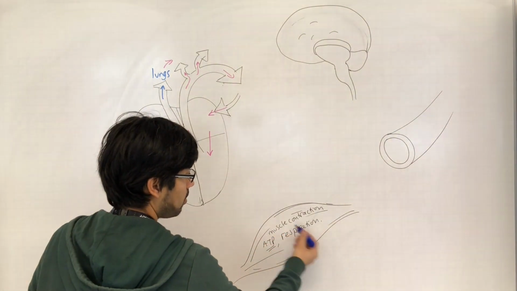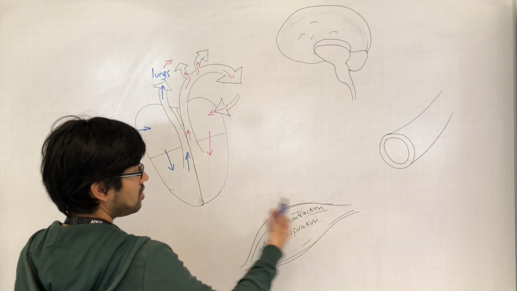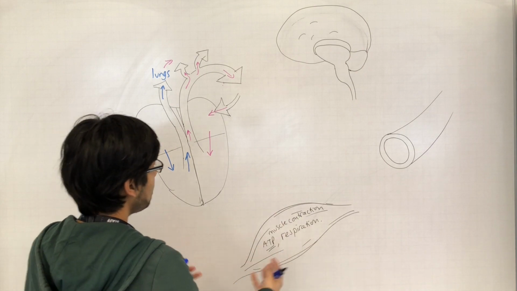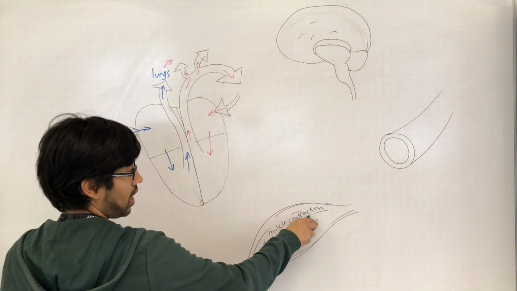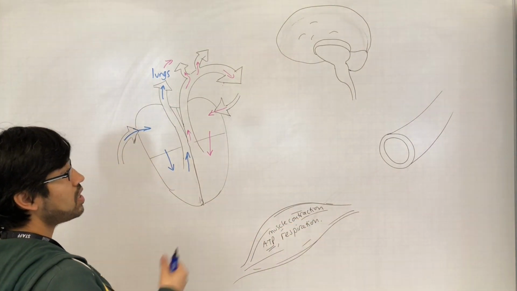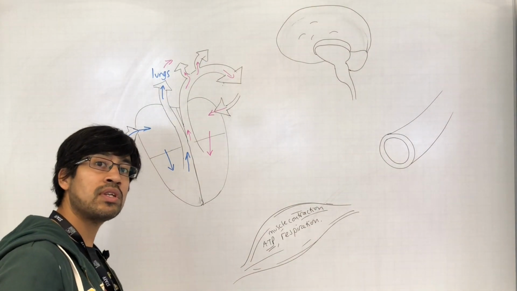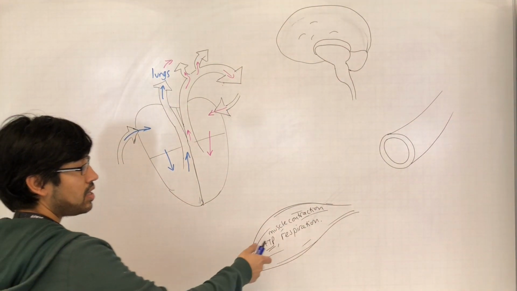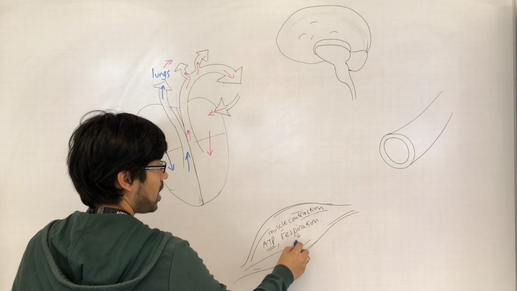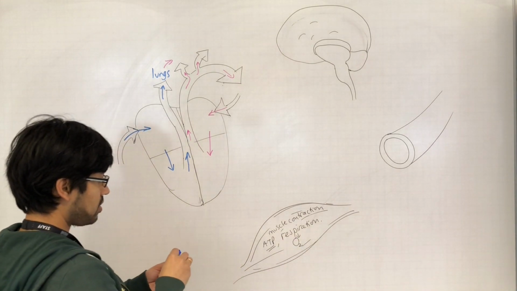So in order for the muscles to carry out their function of muscle contraction, they need oxygenated blood, because oxygen is required for respiration. This is the kind of thought process.